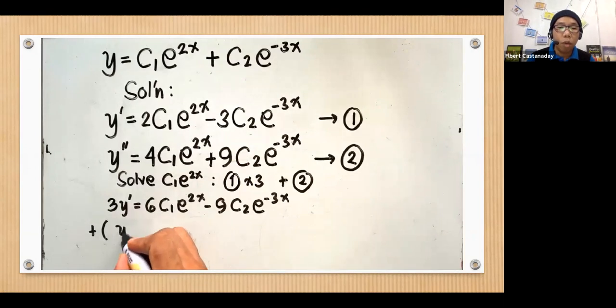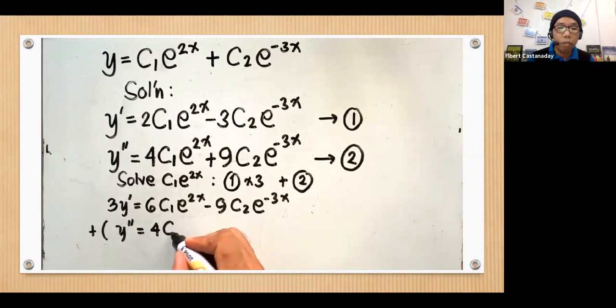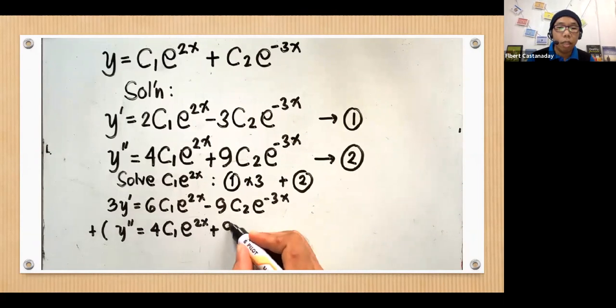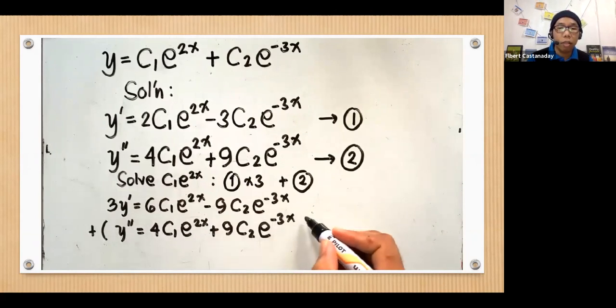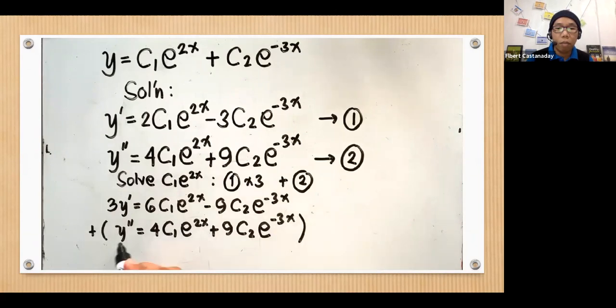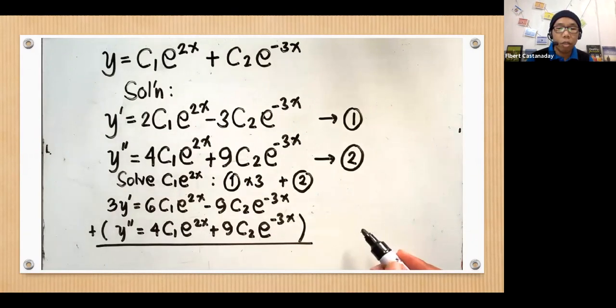So you copy y double prime equals 4 c sub 1 e raised to 2x plus 9 c sub 2 e raised to minus 3x. And then you just add them, combining like terms. So 3y prime plus y double prime; there are no similar terms there, just copy them.